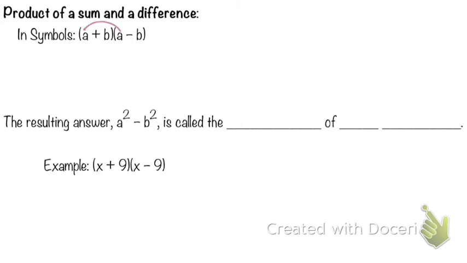A times A is A squared. A times negative B, negative AB. B times A, plus AB. And B times negative B, negative B squared. Are we noticing it's pretty similar to what we had before when the parentheses were the same?